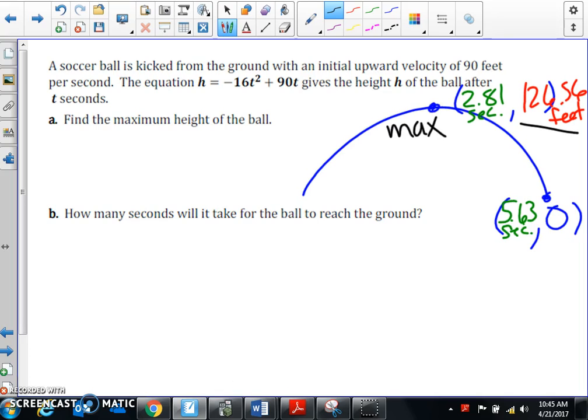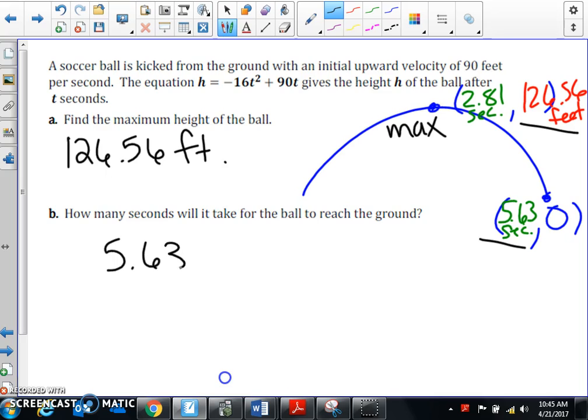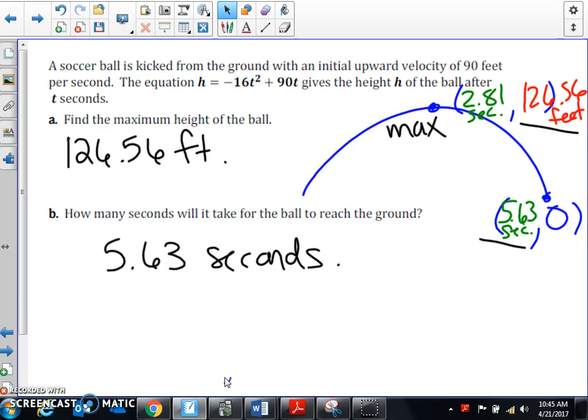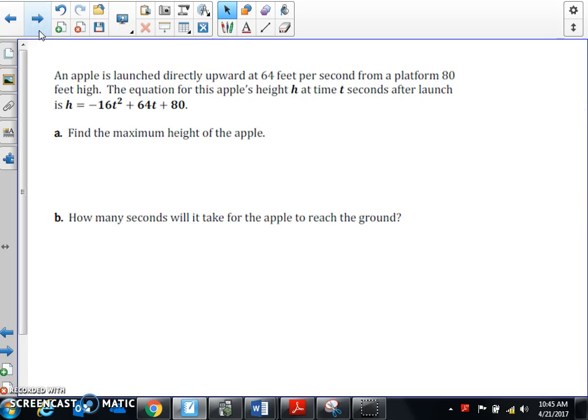So the maximum height of the ball is 126.56 feet. How many seconds will it take for the ball to reach the ground? Boom. Here's the ground. The green is in seconds, so 5.63 seconds. Done.